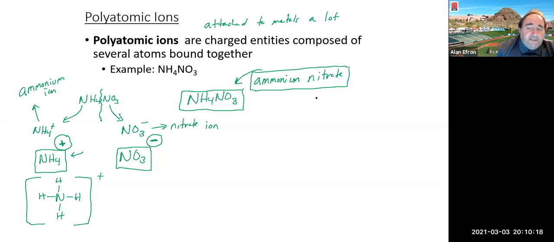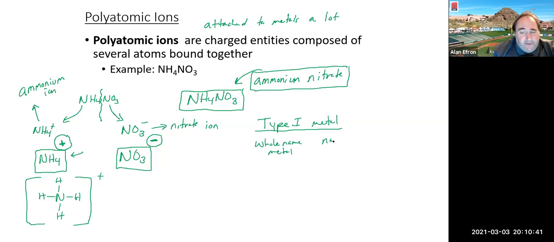When we go to name a polyatomic ion that's attached to a metal, it will either be attached to a type 1 metal, where just like with a type 1 compound, we would use the whole name of the metal, and we would use the name of the polyatomic ion. Again, the polyatomic ion would be the negative ion, and the metal would be the positive ion.